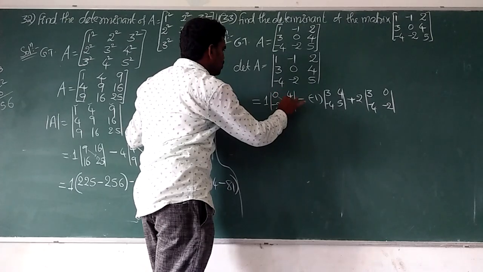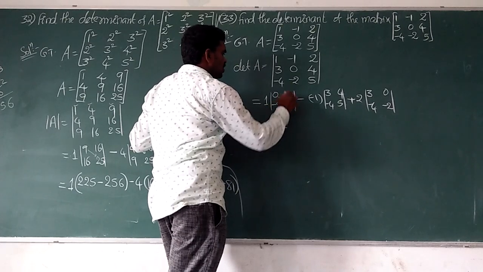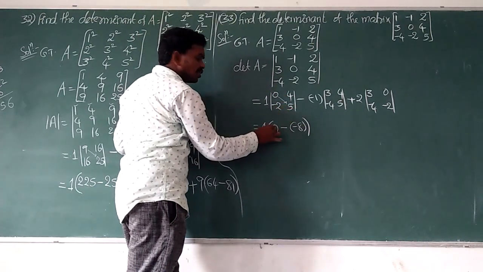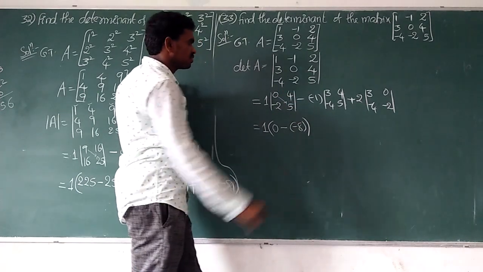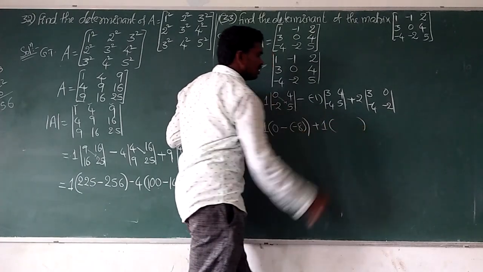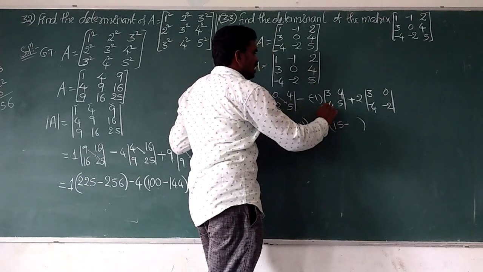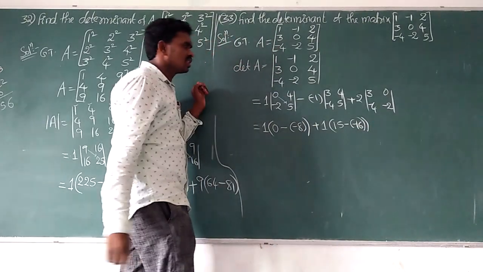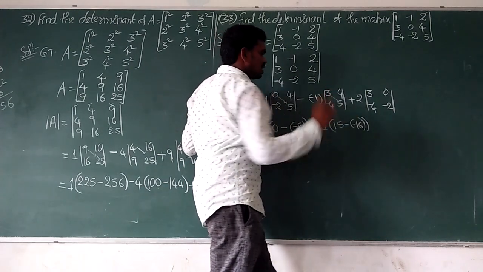1 into 0 into 5, 0, minus 2 into 4, minus 8. Here minus into minus plus, and keep bracket. 3 into 5, 15, minus 4 into minus 4, plus 16.